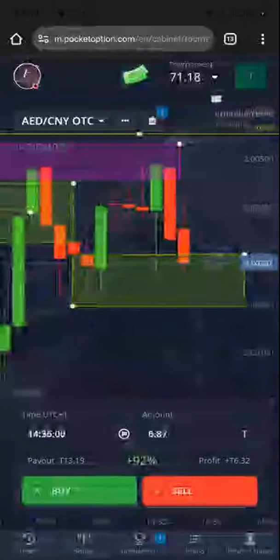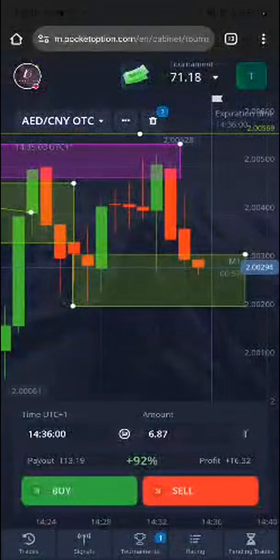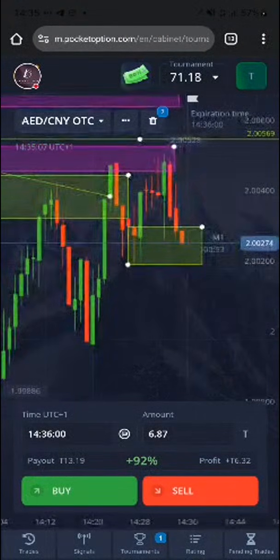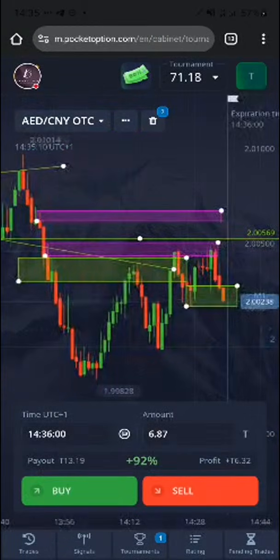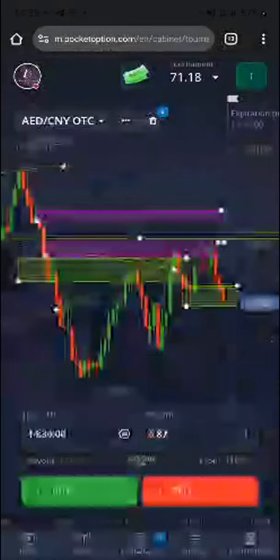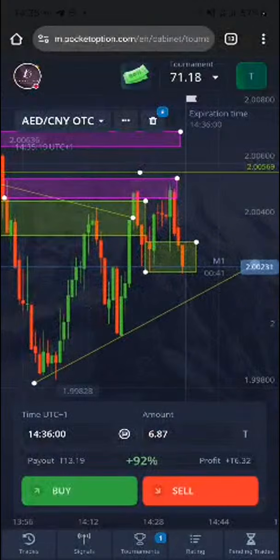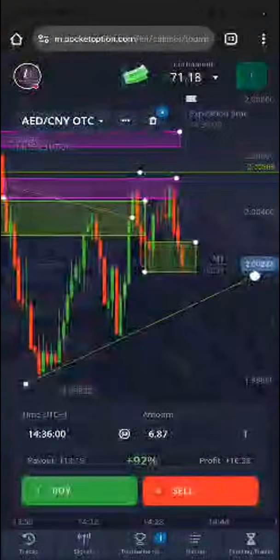If we have a gap down, we can go with the buyers. I really wish I had a gap down. I would have gone with the buyers, but no problem. I don't have enough reason to go with the buyers right now, so I'm not going to do that. Now I have a reason, but it's not enough.